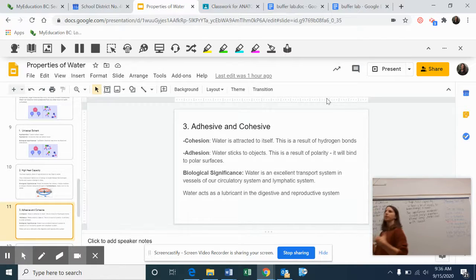Does anybody know another system in your body that circulates things or moves water? Respiratory, this kind of brings things in for the circulatory system. It's one that isn't really talked about very much, but the lymphatic system. Have you guys heard of that?